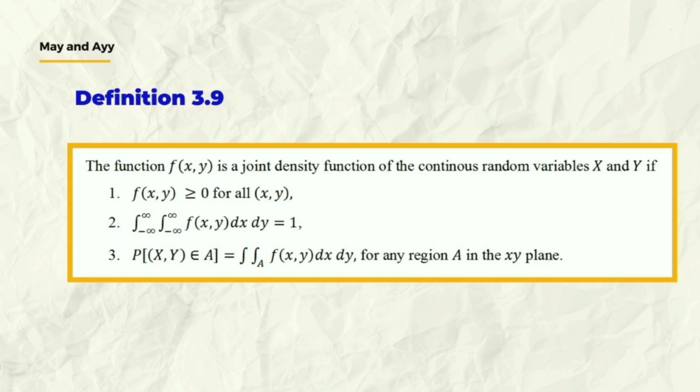And the last is the probability of (x, y) an element of A equals the double integral over A of f(x, y) dx dy for any region A in the xy plane.